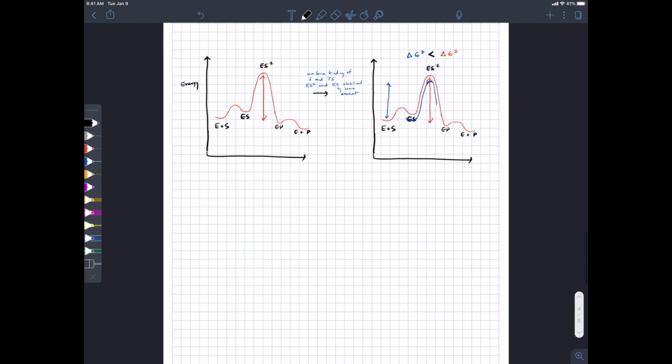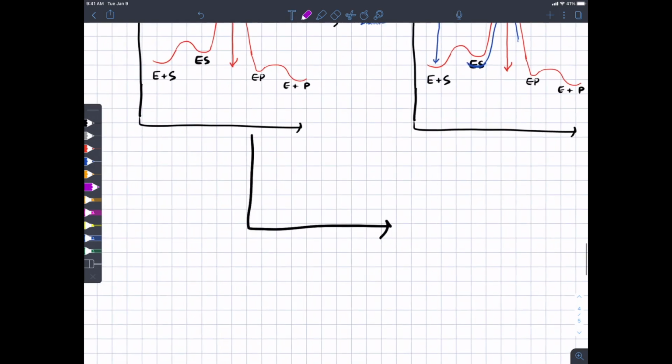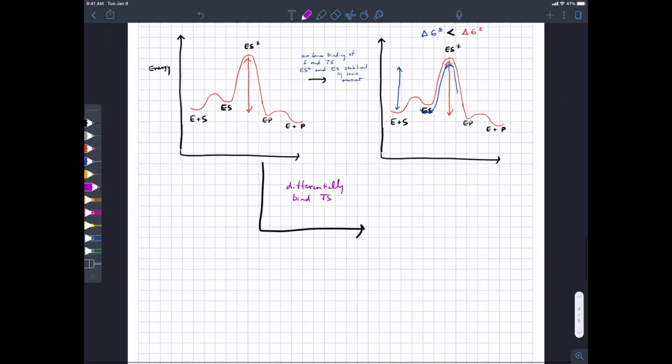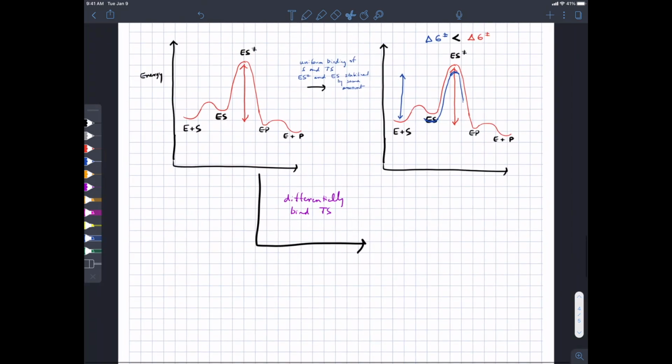Of course, if you go with the purple scenario where we differentially bind the transition state, you're also going to get an improvement in catalysis.